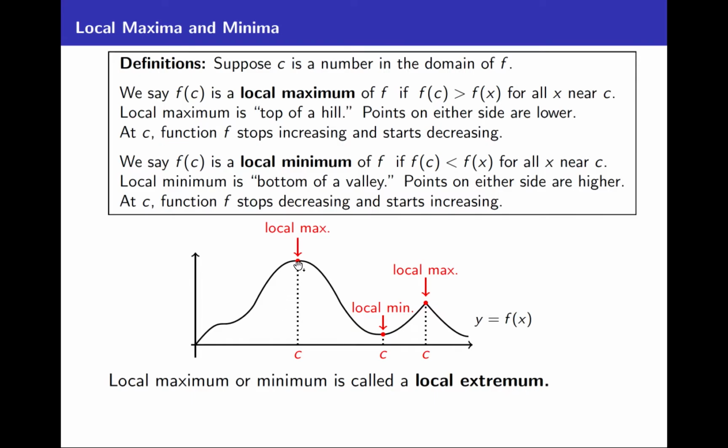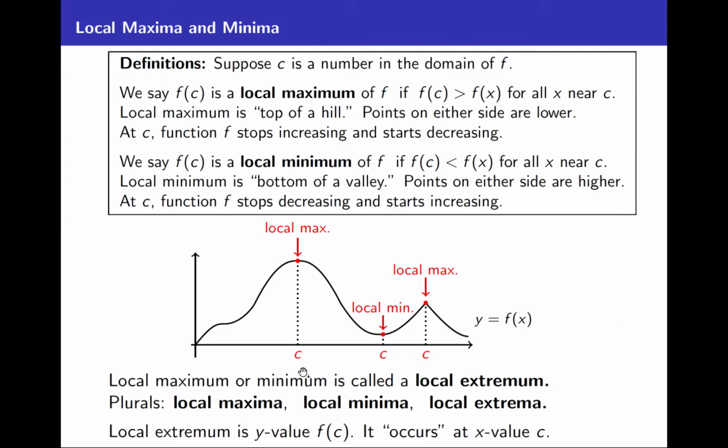So this f of c is a local extremum, and this f of c is a local extremum. The plural of local maximum is local maxima, so we have 2 local maxima here. Plural of local minimum is local minima. And the plural of a local extremum is local extrema. So we have 3 local extrema in this picture.